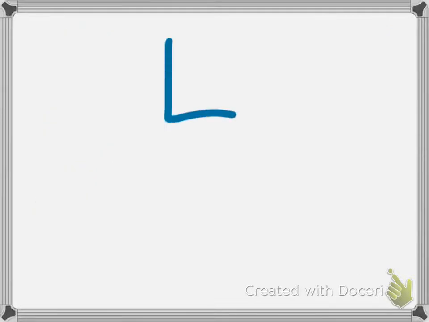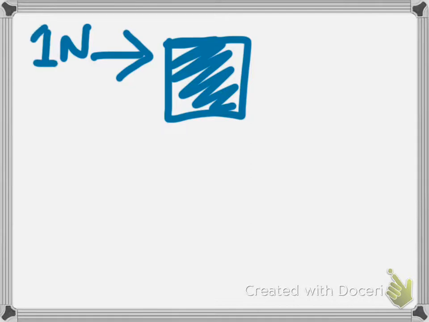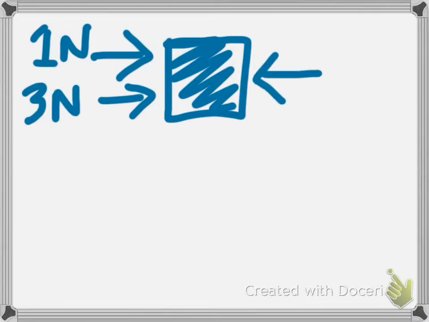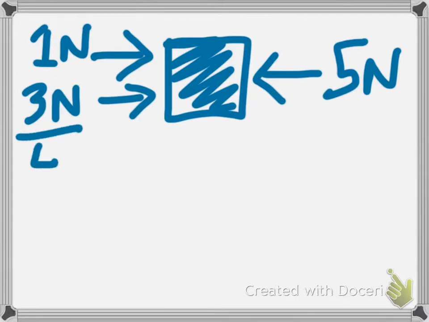Let's do one more. Here's our box. Let's say there's 2 forces, so this is 1 newton, and I'll make that look more like a 1. And then there's another force, and it's 3 newtons. And then there's a force this way that is 5 newtons. Well, is this balanced or unbalanced? Well, it's unbalanced because they're not equal. 1 plus 3 equals 4, so we've got 4 newtons total.